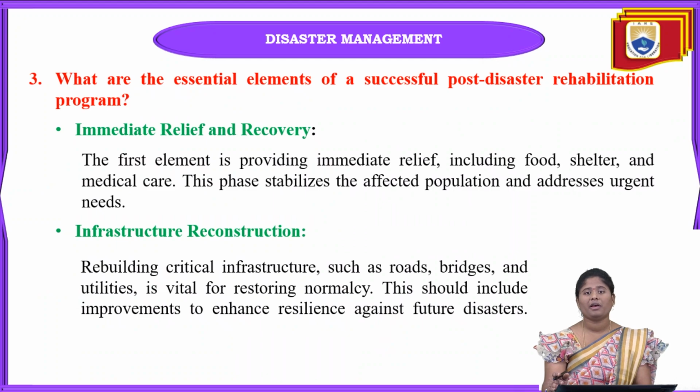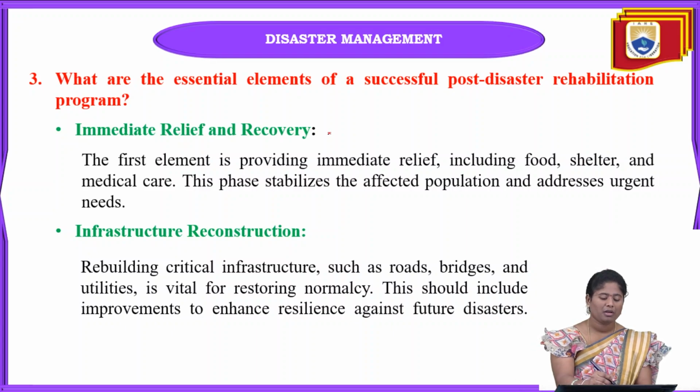Next one is, what are the essential elements of a successful post disaster rehabilitation program? Means what we can do in this post disaster rehabilitation program. Firstly, the main element we have to provide for the success of post disaster rehabilitation is immediate relief and recovery.